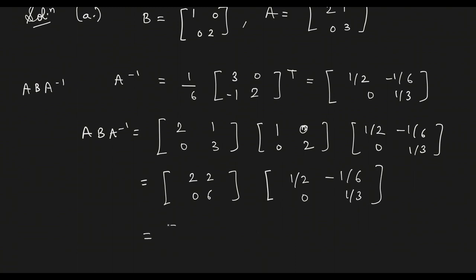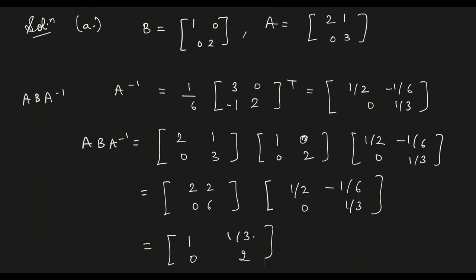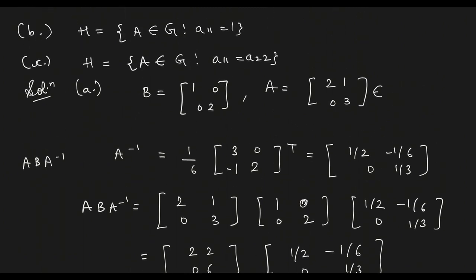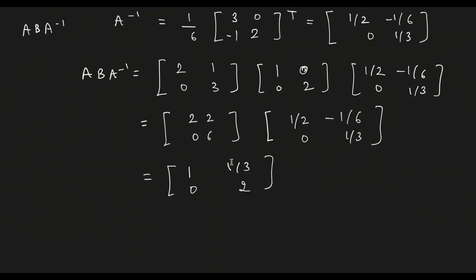So this is 1 0 1 by 3 2. This belongs to G, this belongs to H. Now here A12 entry is non-zero, it is not equal to 0. So this does not belong to H. So H is not a normal subgroup of G.